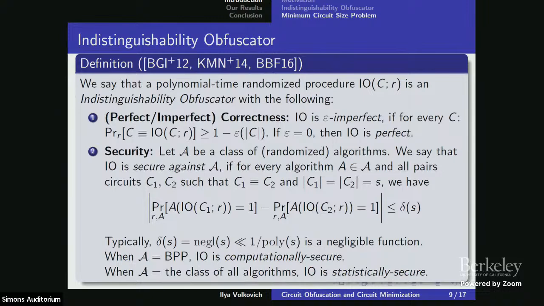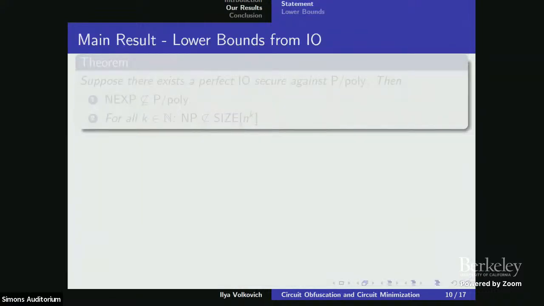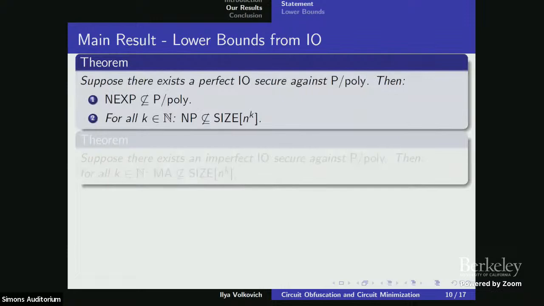So now I can actually tell you what the results are, the connections between iO and MCSP, and hopefully answer some of the questions here. Let me start. The first flavor of results that we show is lower bounds from iO. Namely, if you have iO, you get lower bounds. To be more specific, suppose you have a perfect iO which is secure against P/poly, against non-uniform adversaries.